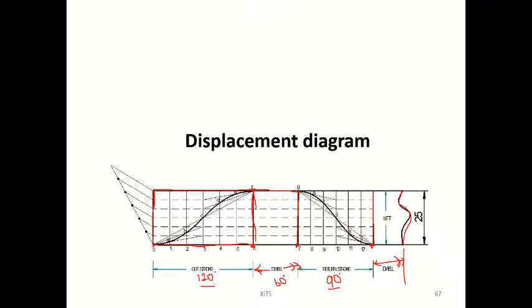So for the 120 degree, divide this 120 into 6 parts. How can we divide it? 2 centimeter each: 1, 2, 3, 4, 5, 6, like this.